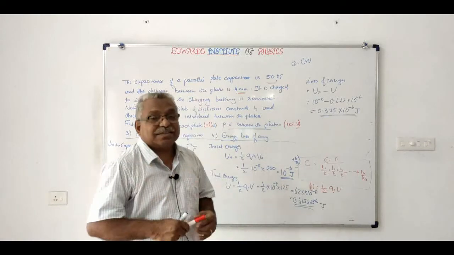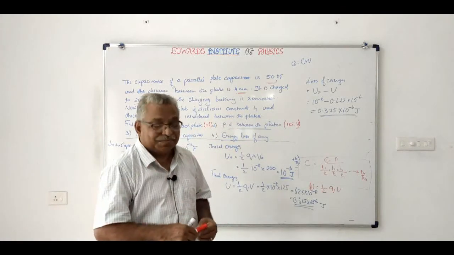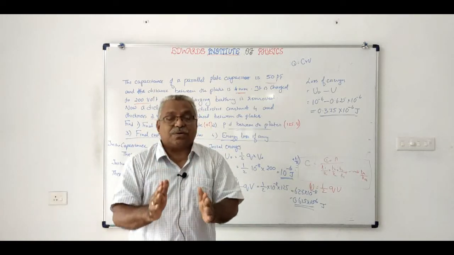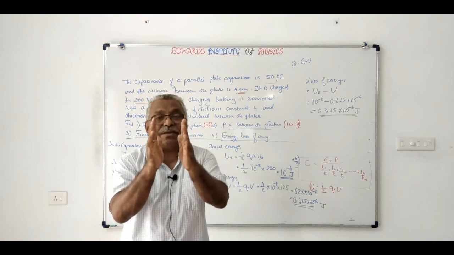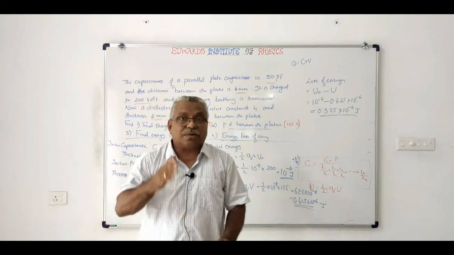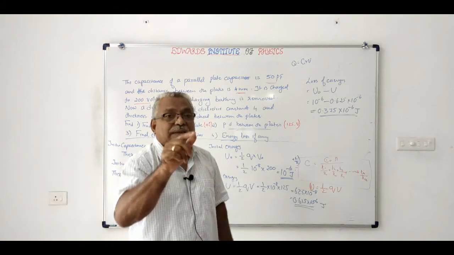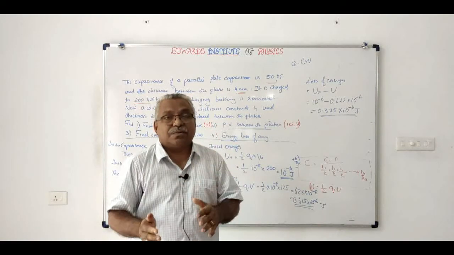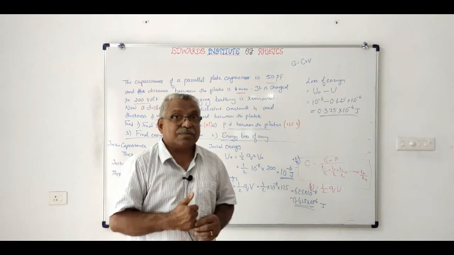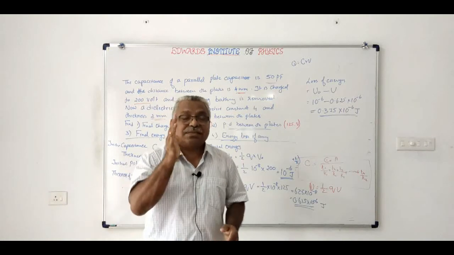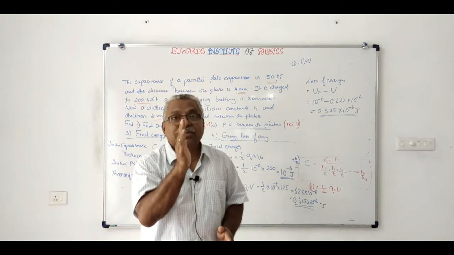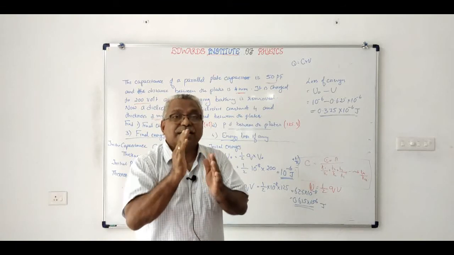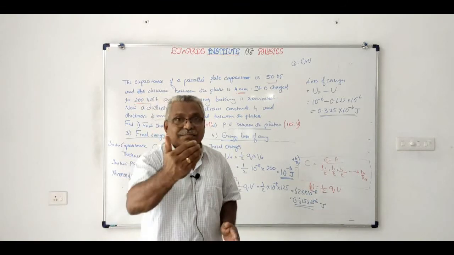Where has that energy gone? That is the interesting point. There was a capacitor charged to 200 volt. The potential difference between the parallel plates is 200 volt. You are simply introducing a dielectric between them, and the energy has come down. What really happens is, when you introduce a dielectric, the capacitor will exert a force on the dielectric.